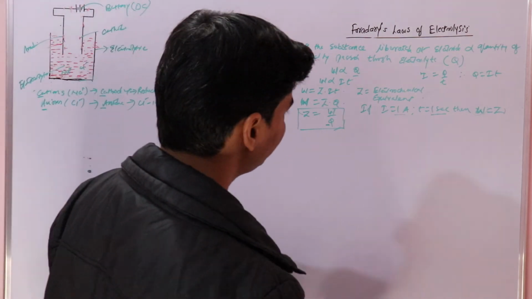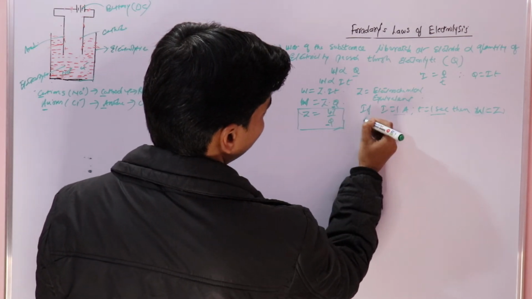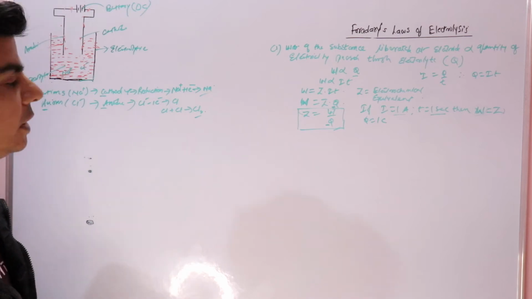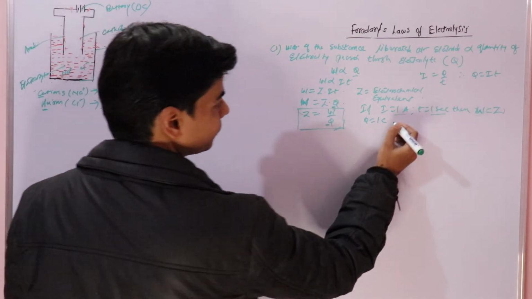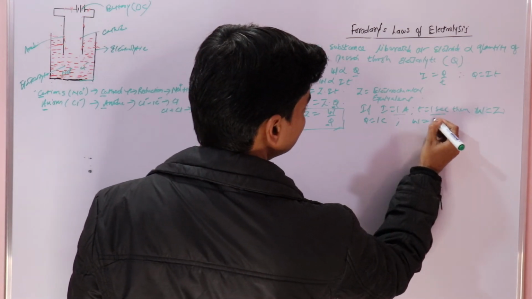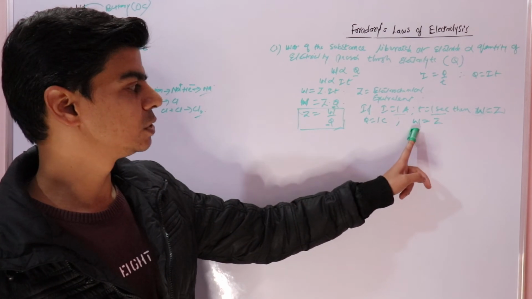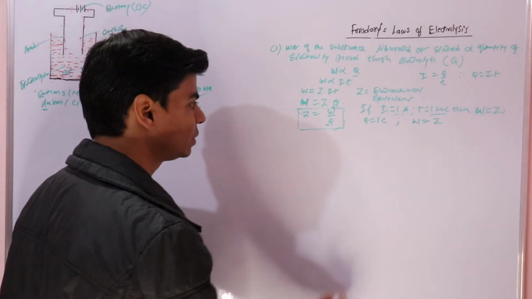Or we can also define it as, suppose we pass 1 coulomb of electricity through this electrolyte, then W is equal to Z. So electrochemical equivalent is equal to the weight of the substance when 1 coulomb of electricity is passed through the electrolyte.